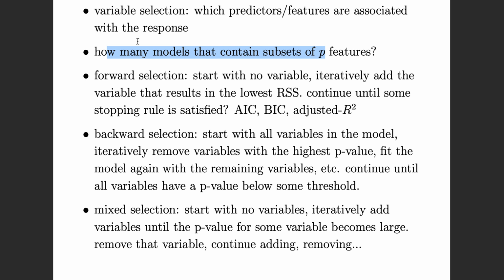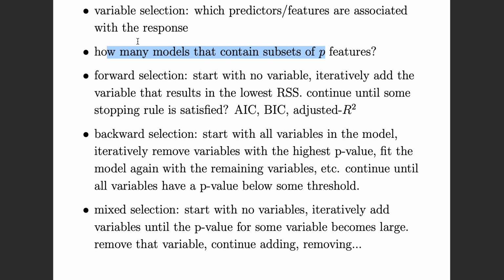So each predictor gives us two possibilities, and since we have p predictors, we have to multiply 2 by itself as many times as we have predictors, so it becomes 2 to the power of p, where p is the number of predictors. So 2 to the power of p is exponential, so the number of models that we can consider is exponential. We cannot consider them all, we cannot look at them all, we cannot calculate their performance, we cannot estimate the coefficients for all of them.